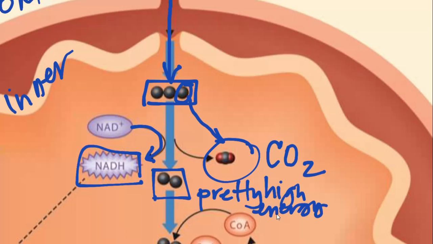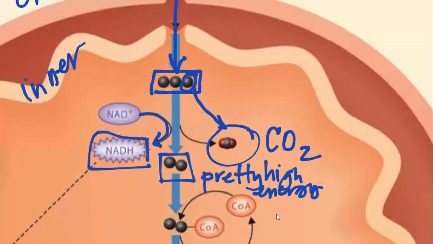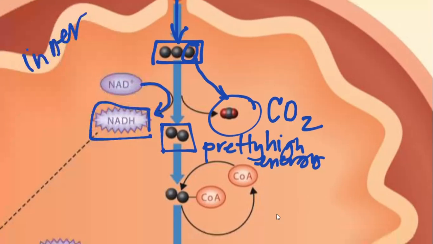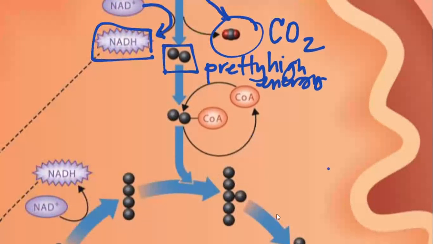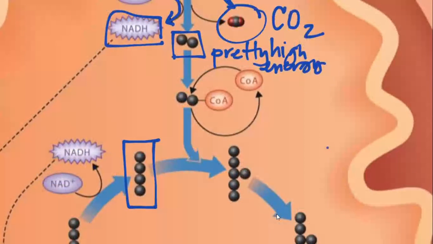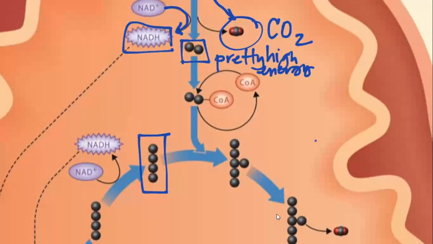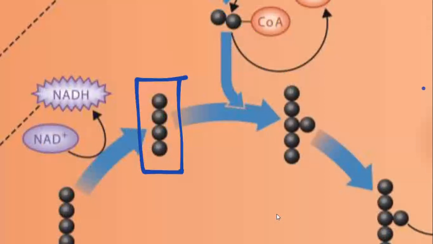So, what the cell has to do to control how much energy it removes and do it a little more slowly is attach this 2-carbon molecule to a larger molecule. So that's what's going to happen in this second step. Our 2-carbon molecule is going to get attached to a 4-carbon molecule that's always there in the matrix. So I'm going to call it a 4-carbon resident.